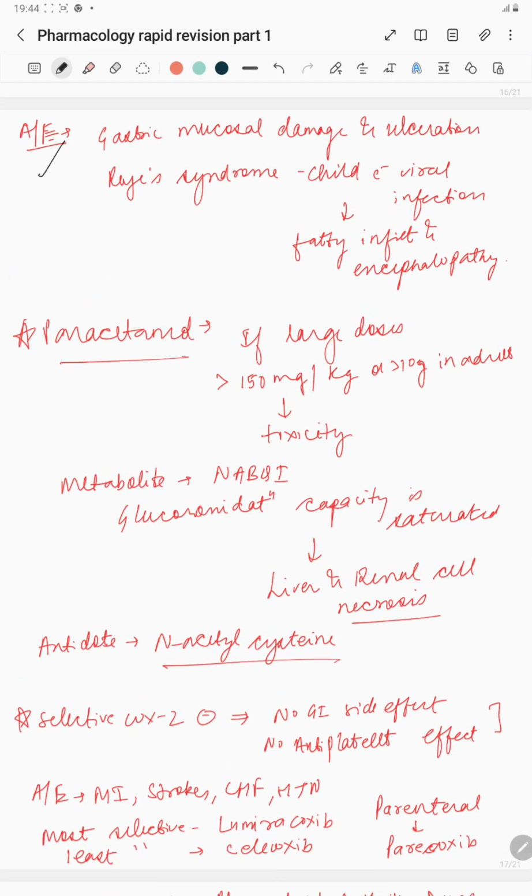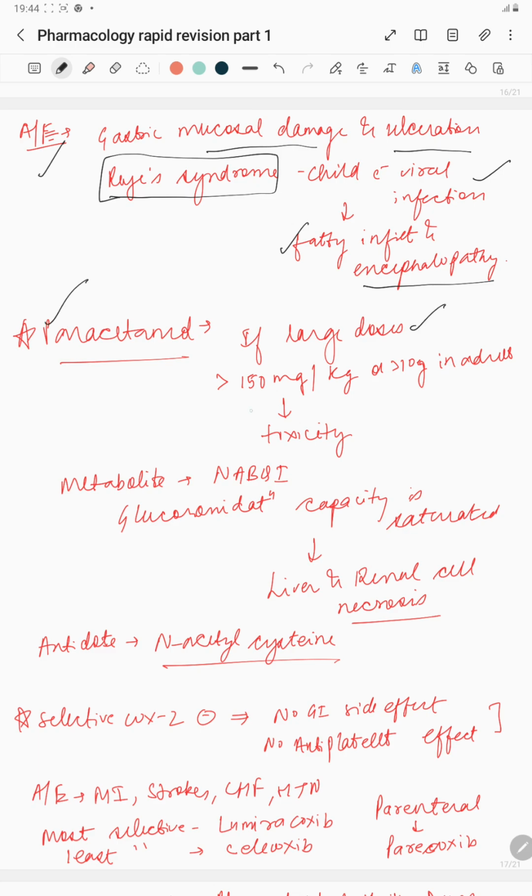Now some adverse effects of aspirin: gastric mucosal damage and ulceration on long-term use. It causes a very specific Reye syndrome. In children with viral infections like influenza, taking more and more aspirin leads to fatty infiltration and encephalopathy.